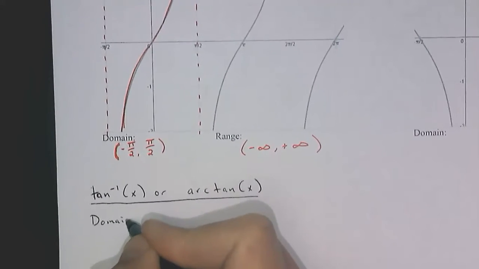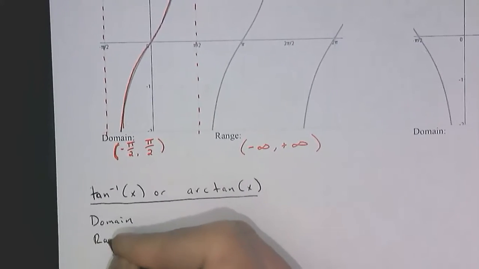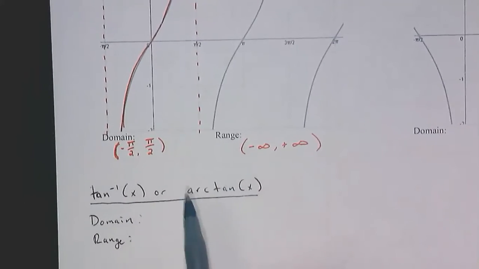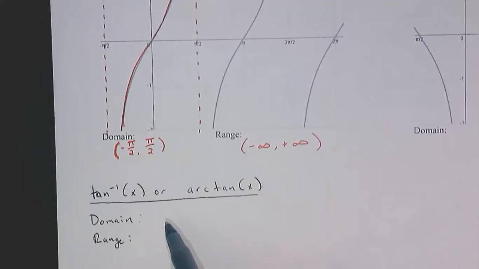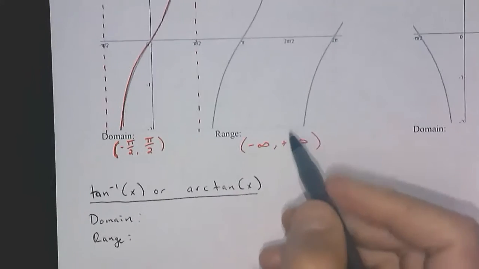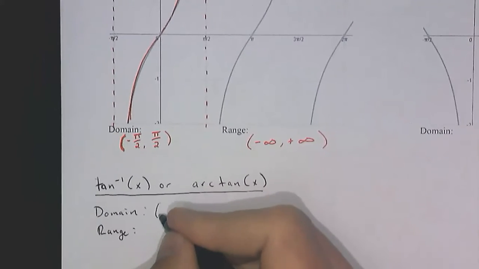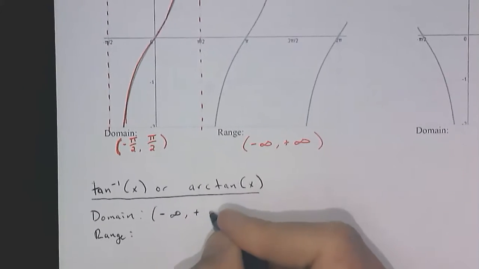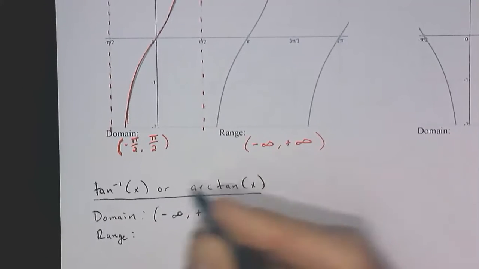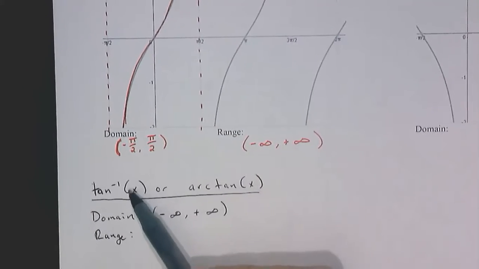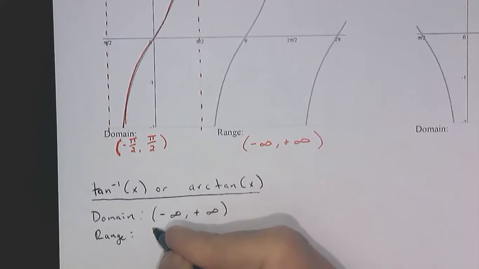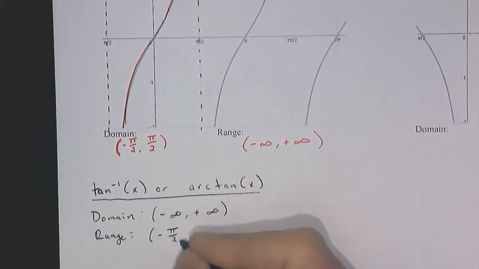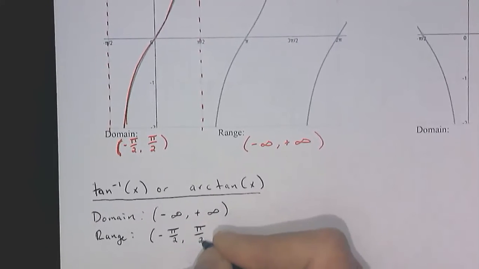It's going to have domain and range that swap. The domain of our inverse tangent is going to be all real numbers. That's the range of our tangent. And the range of our inverse tangent is going to be restricted between negative pi over 2 and positive pi over 2.